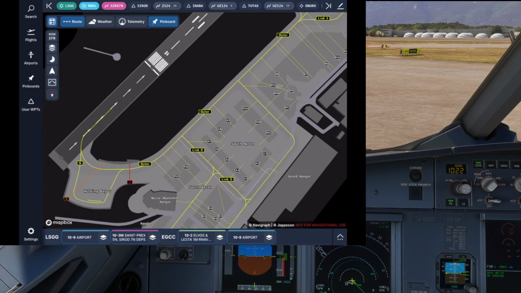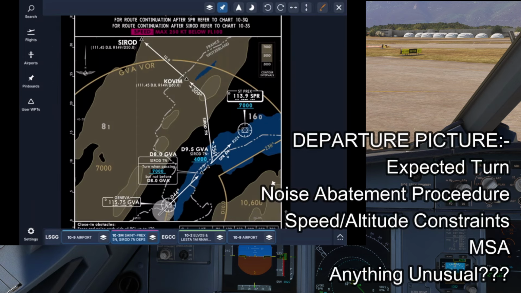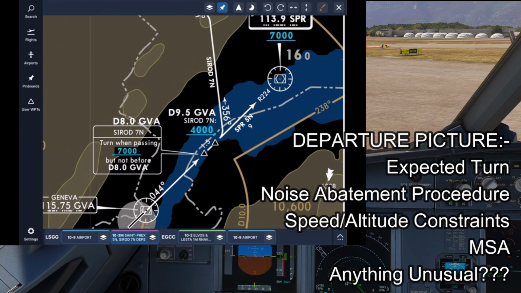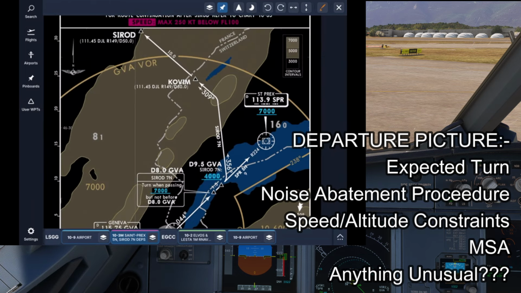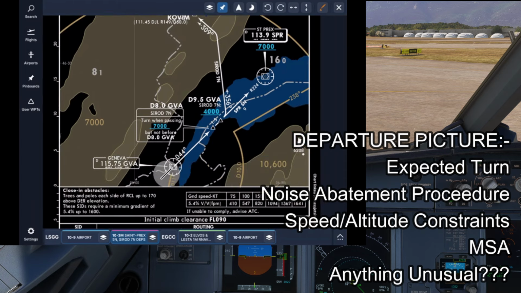Let's have a look at the actual departure itself. So we're on the Cirrod 7 November departure today, which is pretty straightforward. It is straight out. It's a noise abatement 1 departure, and it's a left turn after passing 7,000, but not before 8 miles from Geneva VOR, and that then has us turning left and going up to Cirrod, so left turn and to the north.